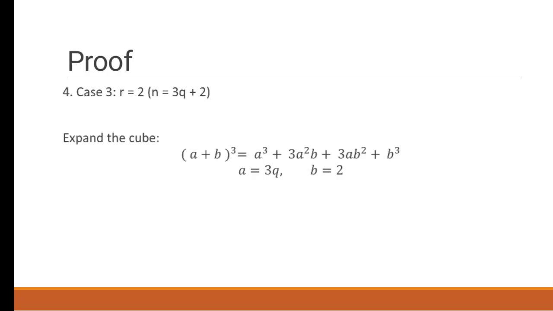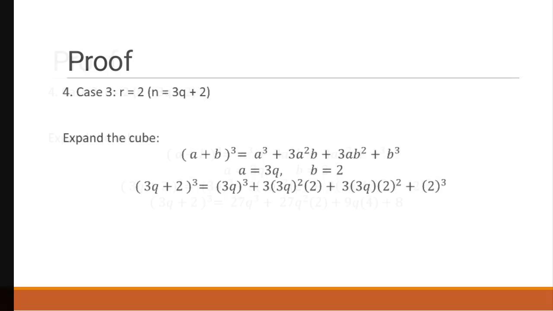However, in this case, a will be equal to 3q and b will be equal to 2. So we must substitute the values of a and b in their respective values. So it will become the quantity of 3q plus 2 cubed equals the quantity of 3q cubed plus 3 times the quantity of 3q squared times 2 plus 3 times the quantity of 3q times 2 squared plus 2 cubed.